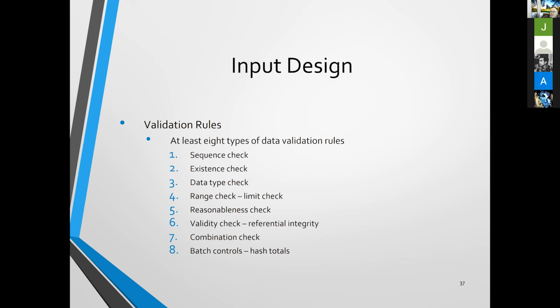Reasonableness check means that you check the possible values that might happen. For example, you ask the users to enter the birth year, and the user types that they were born in 2001.